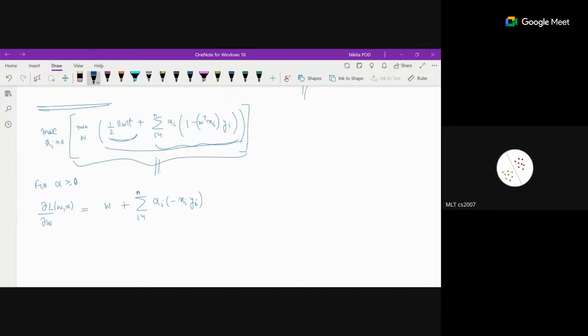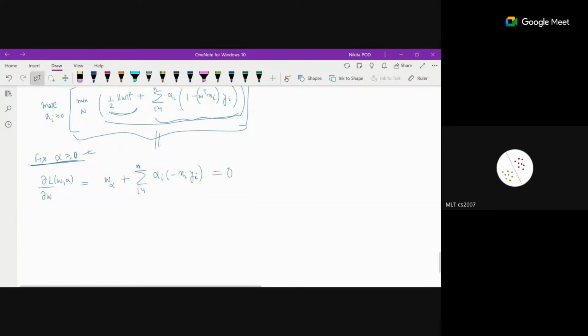So for any alpha that we fix, we are going to get this. For this specific alpha, let's say we solve this and get some W alpha. Now taking the derivative and setting it equal to 0, what do you get? My W alpha turns out to be sum over alpha I xi yi, where I is varying from 1 to n.